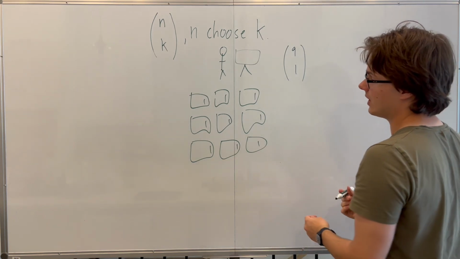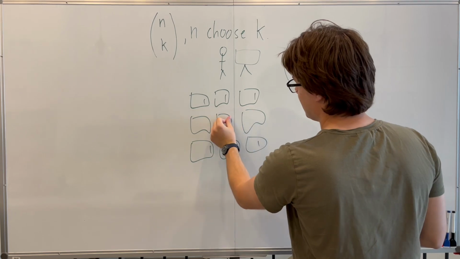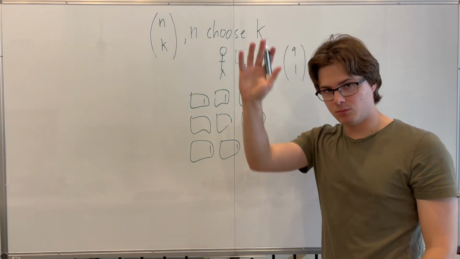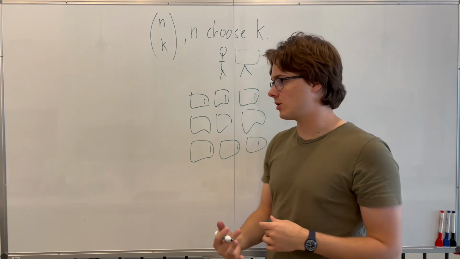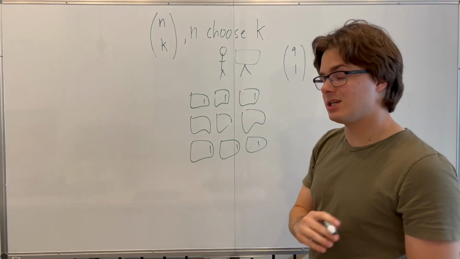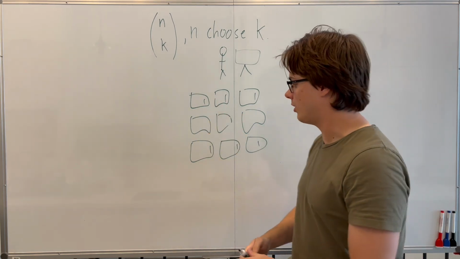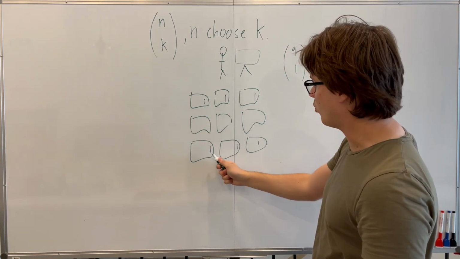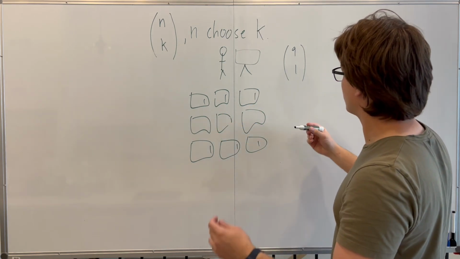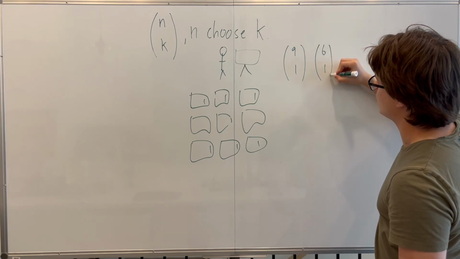If, for example, let's say these 3 students here didn't raise their hand, and you're a teacher that only calls on students that raise their hand, because these 3 did not raise their hand, and you're still only going to choose 1 to answer, the only students you can call to answer your question are going to be the ones with their hands up. So what does this look like? Well, this is going to look like 6 choose 1.